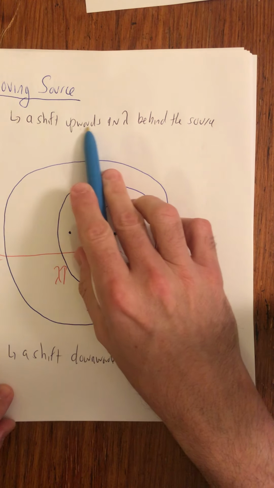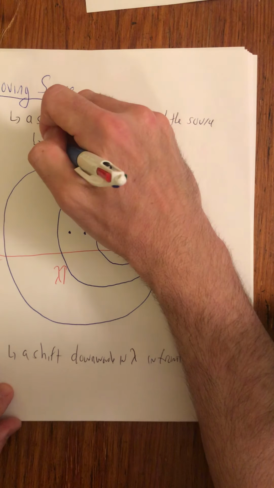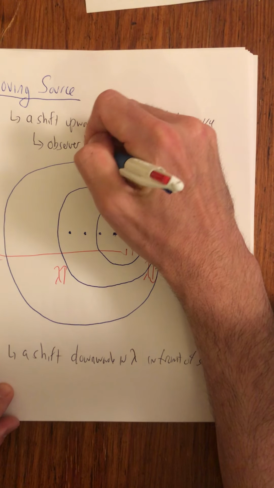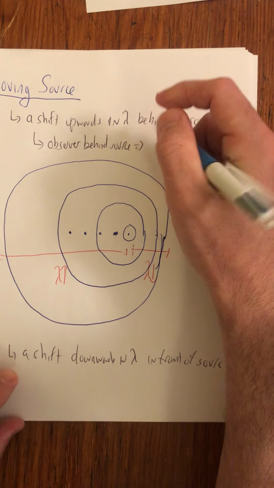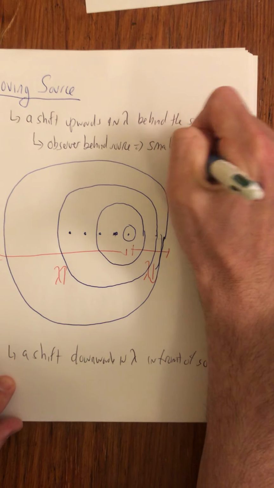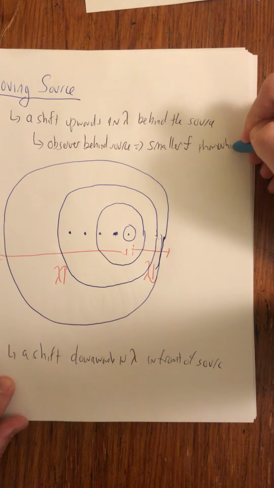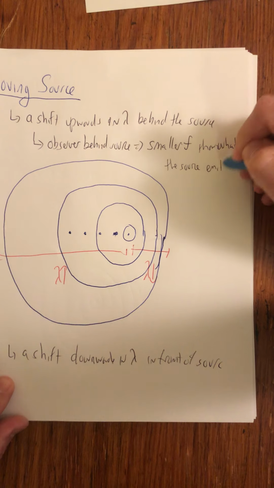Therefore, if it's a shift upwards in wavelength, an observer behind the source should experience a smaller frequency than what the source emits.